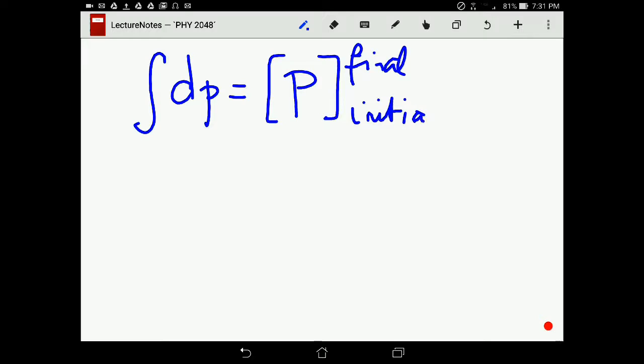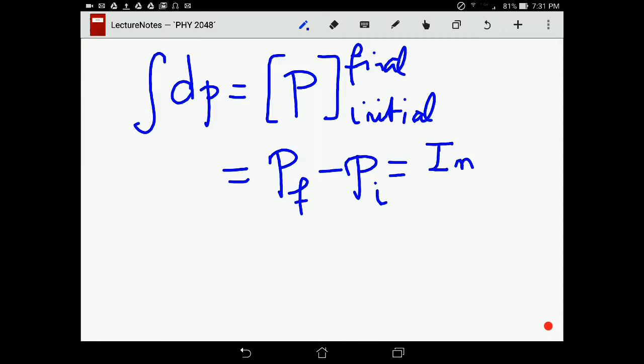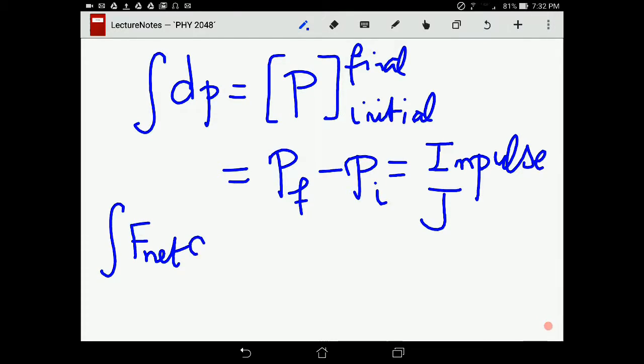So this will give us a quantity which will be the difference between the final momentum and the initial momentum, and this is what will be referred to as impulse. The textbook uses a capital J for this, but specifically what it refers to is the difference between the final and the initial momentum, always in that order, final minus initial. On the right-hand side of that equation, we had the net force over time dt.